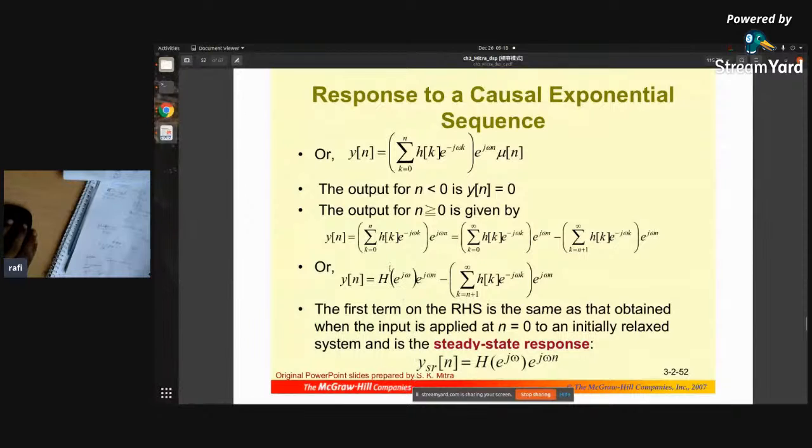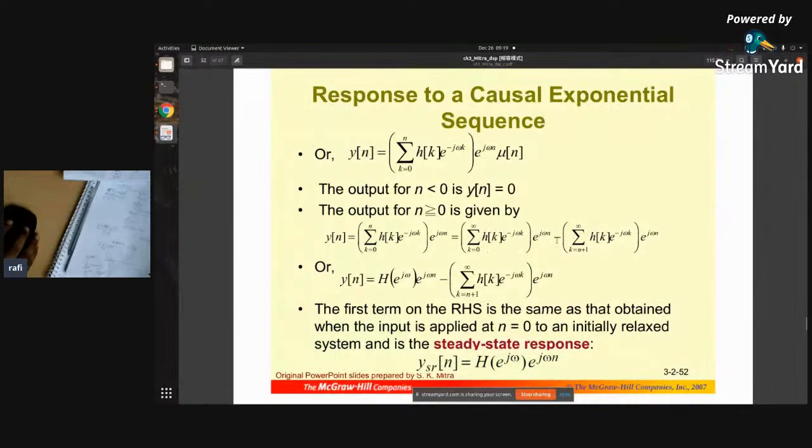There is some more analysis you can see here. This is not the actual DTFT of h of n, because if it were from minus infinity to infinity, it would be the actual DTFT. It is 0 to n only, so it is like a partial DTFT. If n is less than 0, y of n is always 0 because u of n is there. For n greater than or equal to 0, you can split this into two factors.